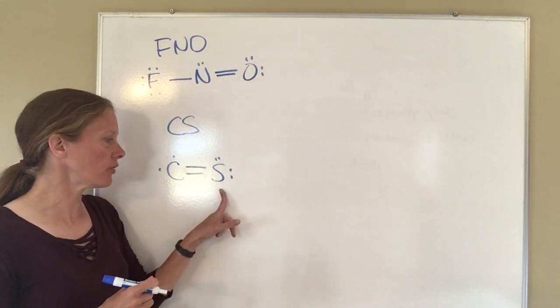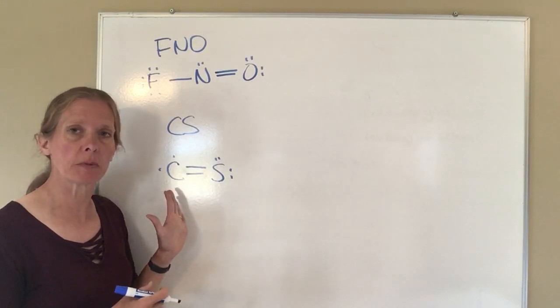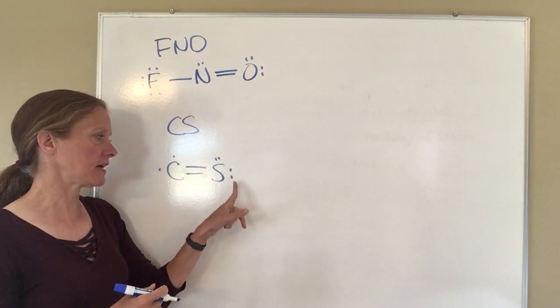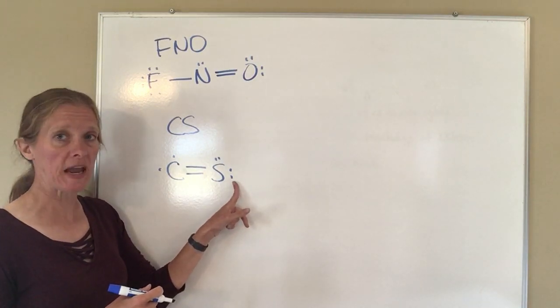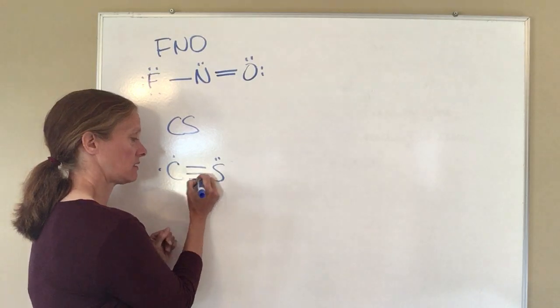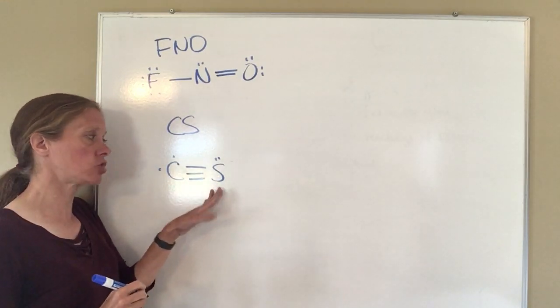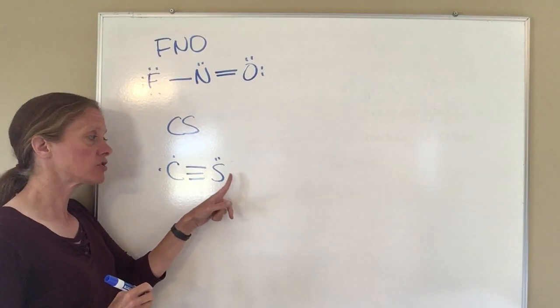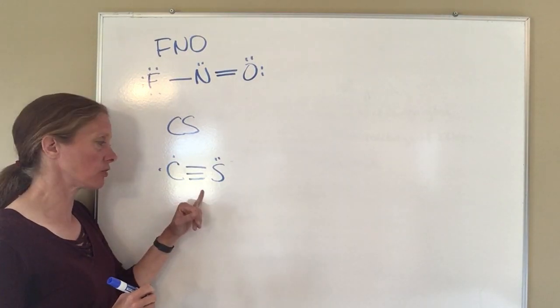And so the sulfur looks with pity on the carbon and he says, "Aw, you don't have enough. Tell you what, I'll take one of my pairs and I'll put it between us and we'll both share one of the pairs that I had by myself." Okay, so that's what happens in this particular case.